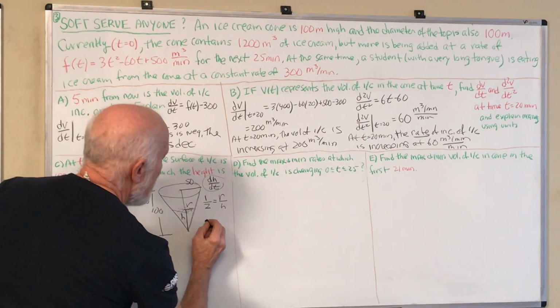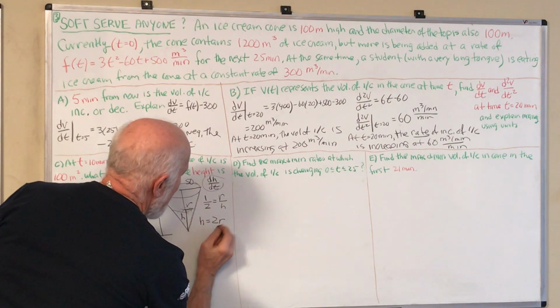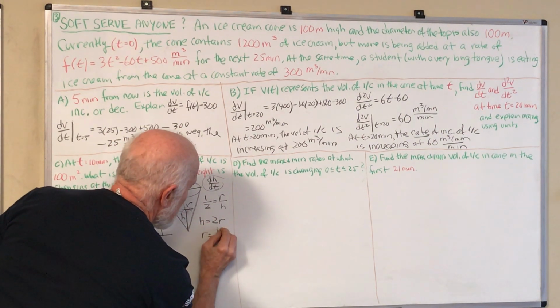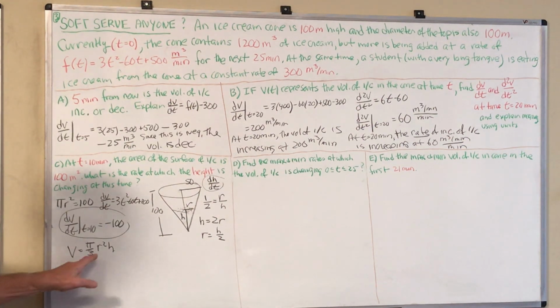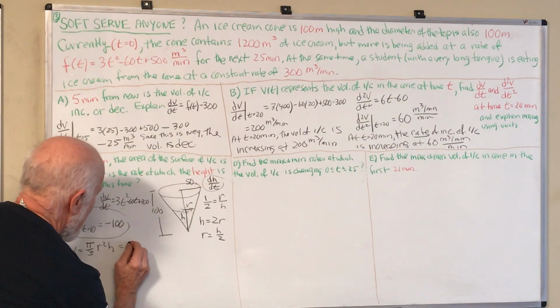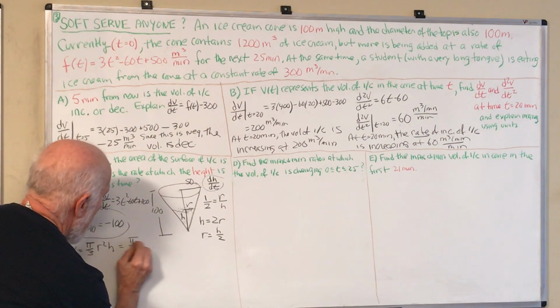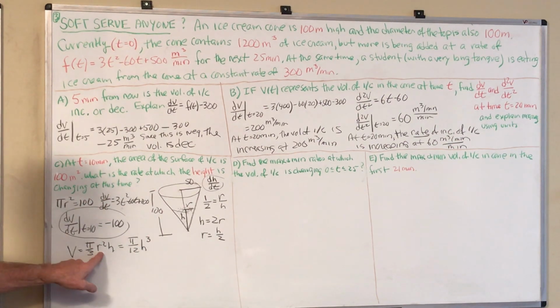So what do we know? We know that h equals 2r, or r equals h over 2. So we can get rid of this r and make it h over 2. And then we have pi over 12 h cubed, if I just replace r with h over 2.